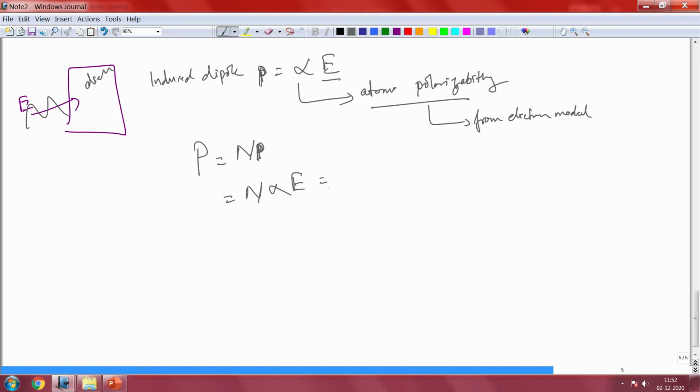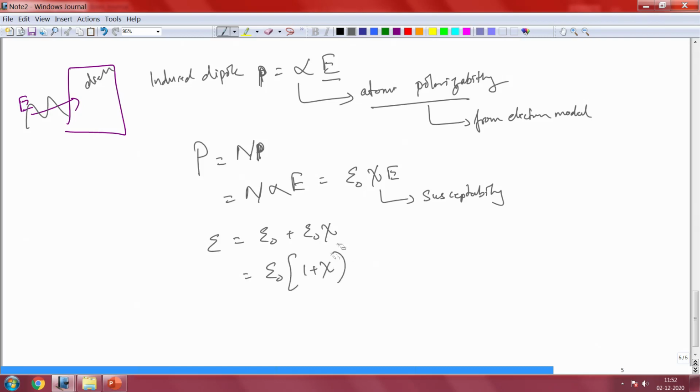Or in other words, one can do this with susceptibility as well. So this is nothing but susceptibility. So epsilon naught chi times E is your polarization. And what is epsilon? Epsilon is nothing but epsilon naught plus epsilon naught times chi, and if you take this, 1 plus chi is what you have.